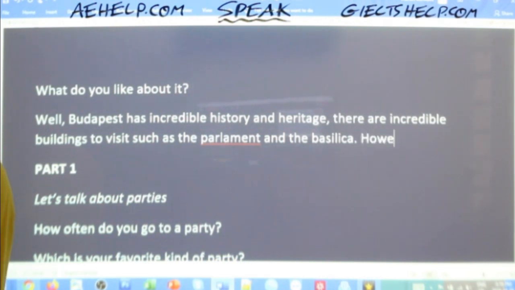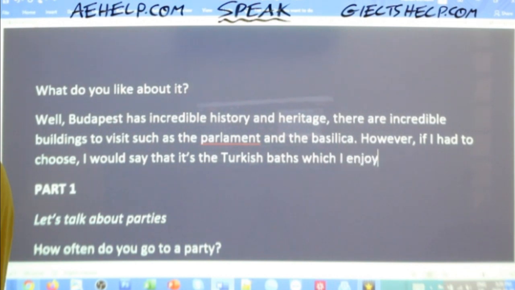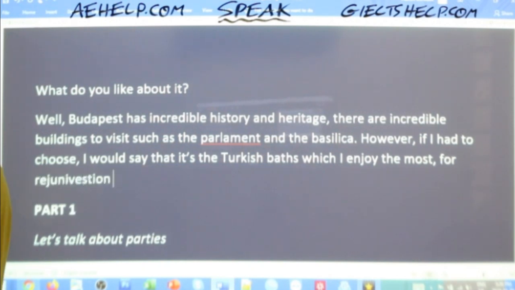However, if I had to choose, I would say that it's the Turkish baths which I enjoy the most, for rejuvenation after a tough day at the office.